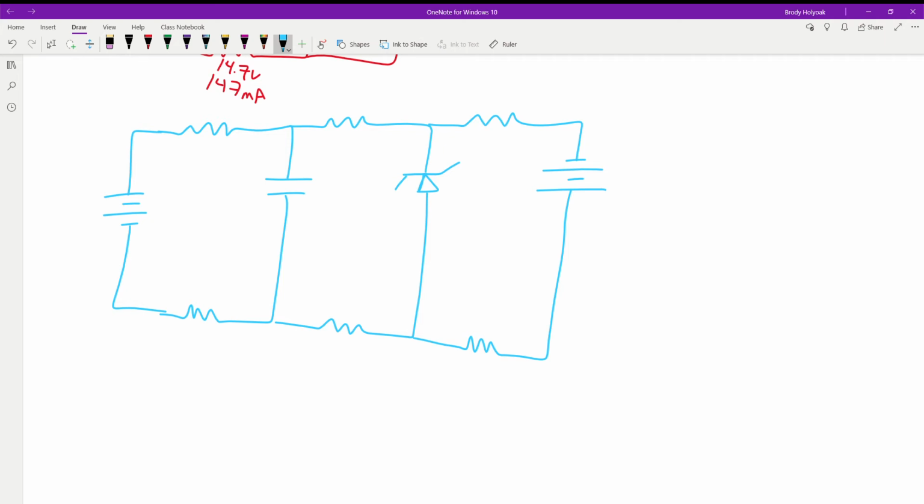Okay, so this is one of the triple points. So we've got 12, 9, and 5. 12 volts, 9 volts, and 5 volts. 1.1 and 3.